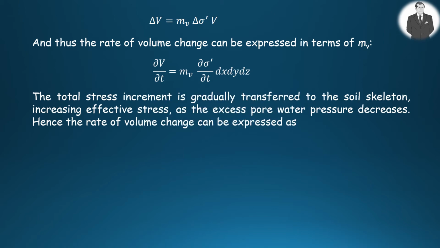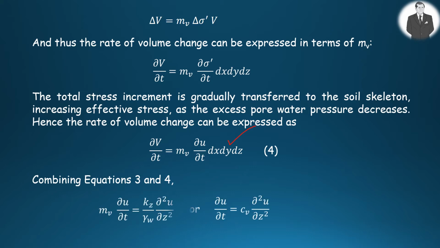The total stress increment is progressively transmitted to the soil skeleton, increasing effective stress, while the excess pore water pressure lessens. Therefore, the rate of volume change can be written as shown in equation 4. Now, combining equations 3 and 4, we obtain the expressions given here.